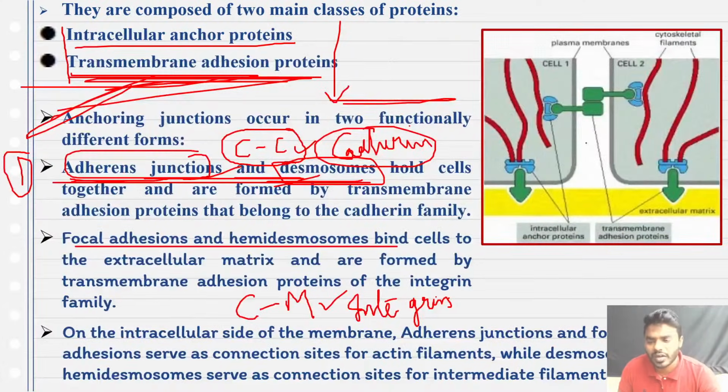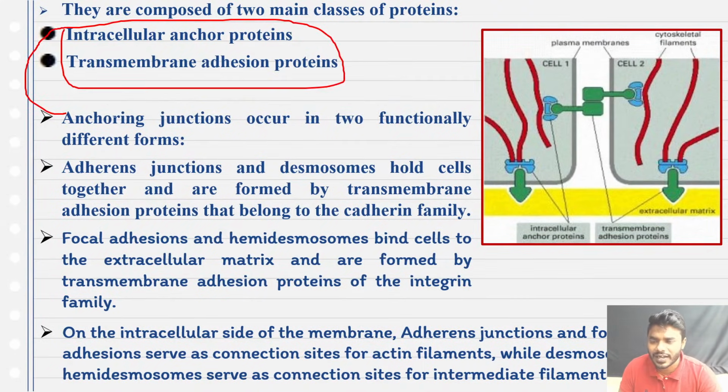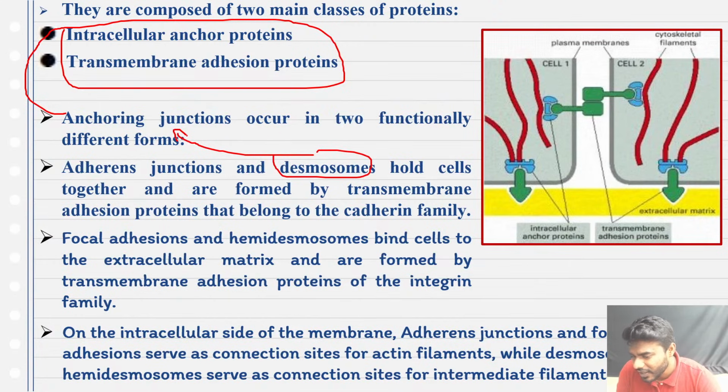Now once again, don't get confused here, listen to me carefully. I said to you that an anchoring junction is made up of two types of proteins, correct? So the desmosome is also a type of anchoring junction only. Hope you are getting me correctly. Desmosome is also an anchoring junction, so it is also made up of two proteins.